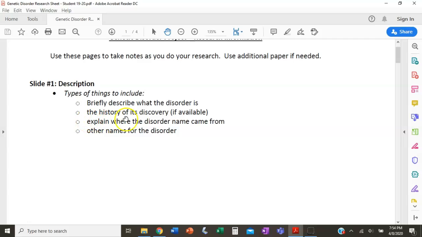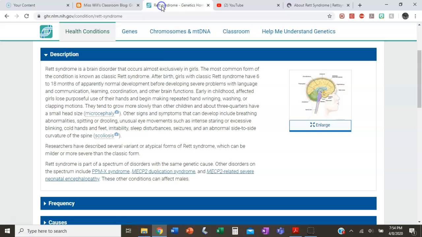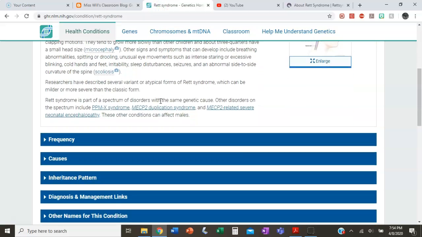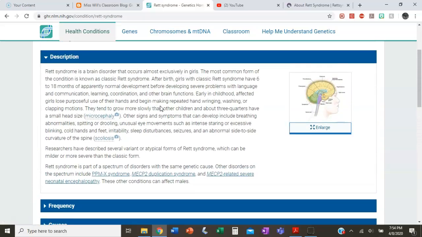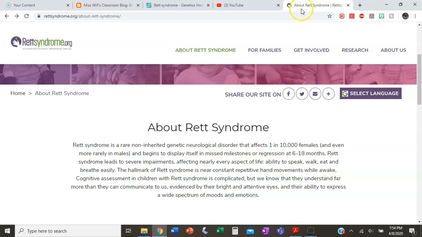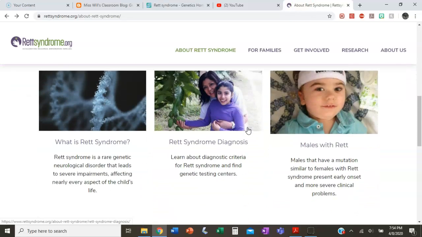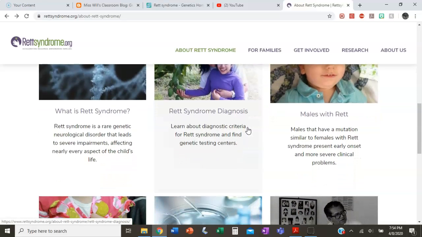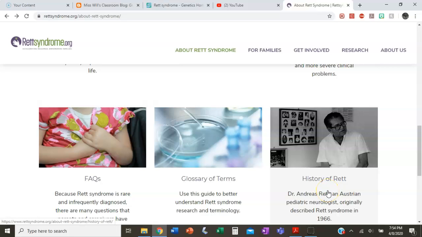Once again, it says to talk about the history if available. Well, if we go back here, there's not really a whole lot about history on this page. It talks about a lot of things, but history isn't one of them. However, if I go over to the foundation page, rettsyndrome.org, and I scroll down, I can see, oh look, I've got a history of Rett.